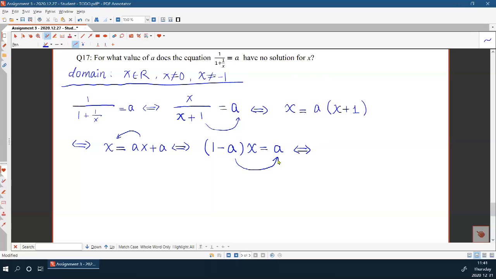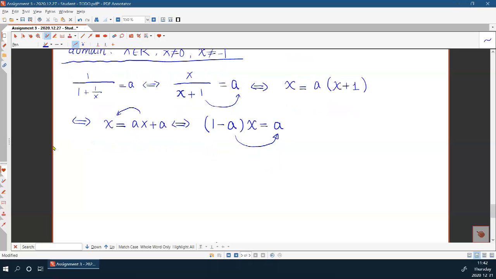Intuitively, you want to divide both sides of the equation by 1 minus a, right? But be careful, because again, you are putting an unknown value into the denominator. You need to discuss whether this value is 0. So the discussion is here. If you want to solve this equation, you need to discuss whether 1 minus a is 0.